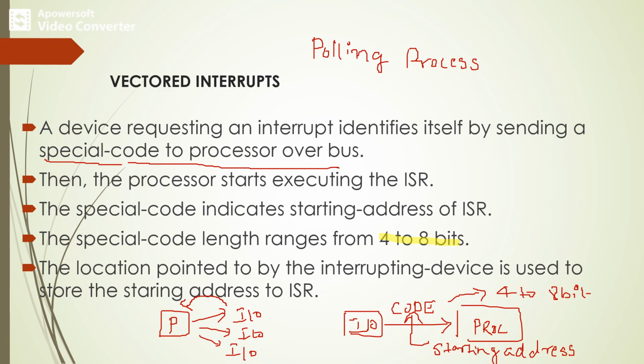The location pointed to by the interrupting device is used to store the starting address of the ISR. So the vectored interrupt reduces the time involved in the polling process. Compared with polling, the vectored interrupt can be considered more efficient.